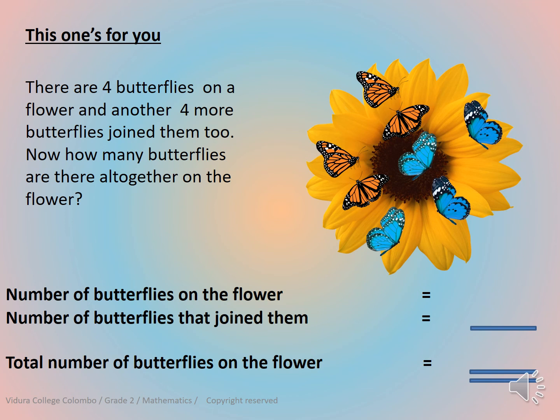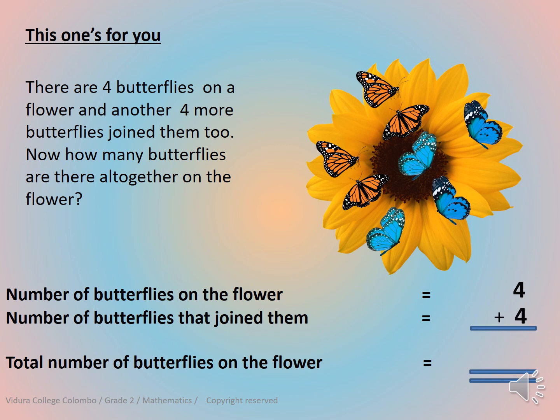Now the first sentence is number of butterflies on the flower. How many butterflies were there on the flower? 4 butterflies were there. Next, number of butterflies that join them. How many butterflies join them?